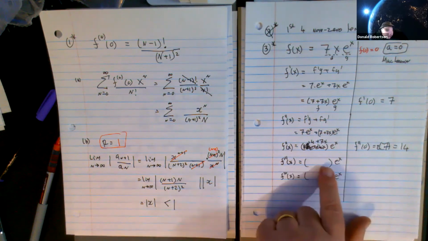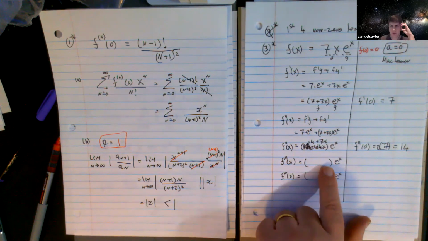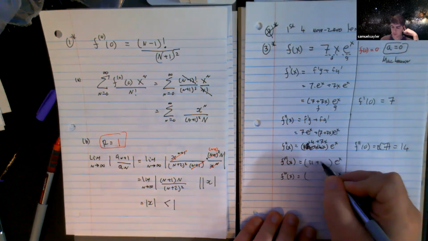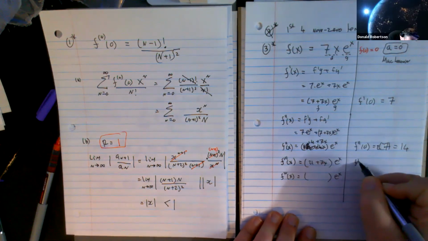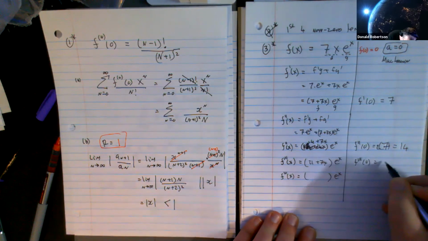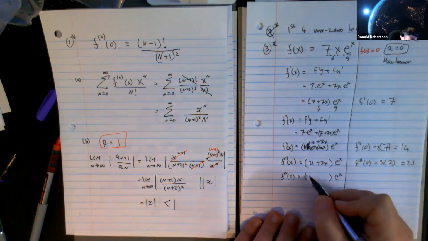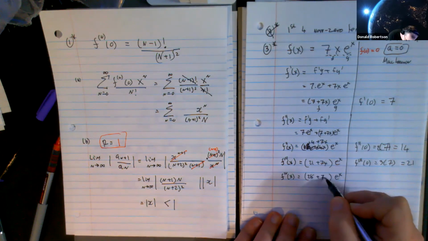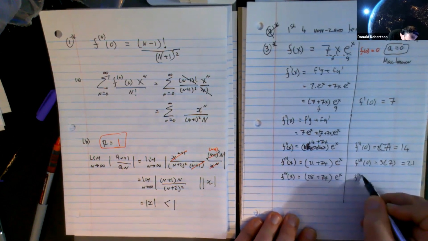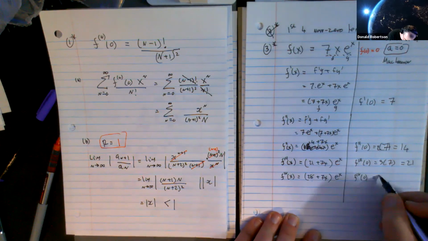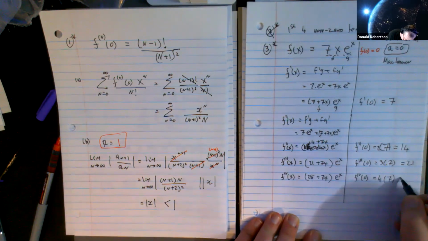What would the next one be? 21 plus 7x, and it actually is. Which means the third derivative at 0 is 3 times 7, 21. And the next one, trust me, is 28, so the fourth derivative at 0 is 4 times 7, which is 28.